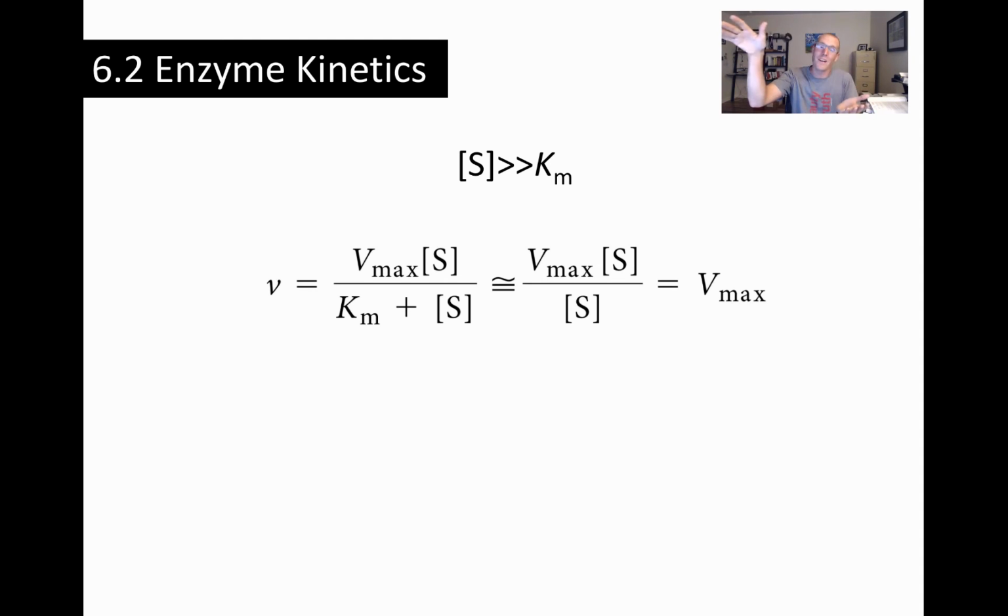We've hit the plateau because the substrate concentration is so much higher than the Km. We've moved out of the linear part of the graph, we're in the plateau. So if you move the substrate concentration around in the plateau, it has no effect, and you're not going to change the velocity of the reaction if you're way above the Km. In this case, the only way we can get Vmax to go up is to add more enzyme, and that will go up in proportion to the rate at which we can convert the substrate to the product.